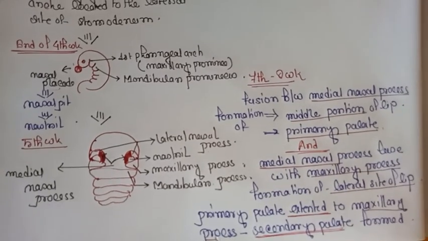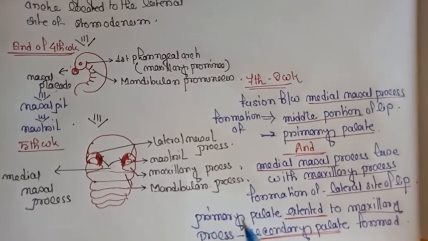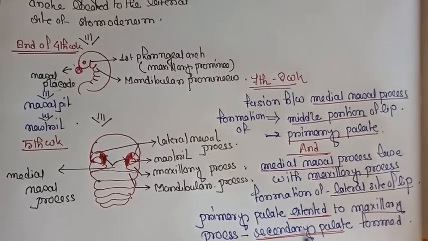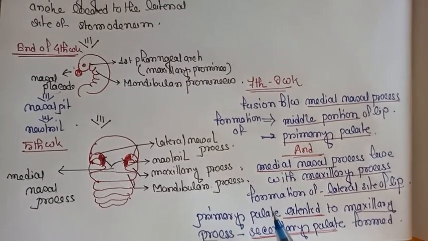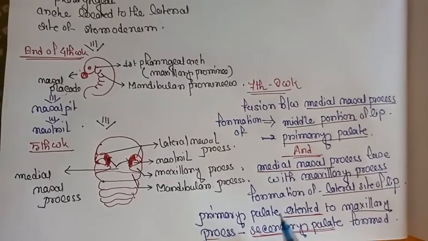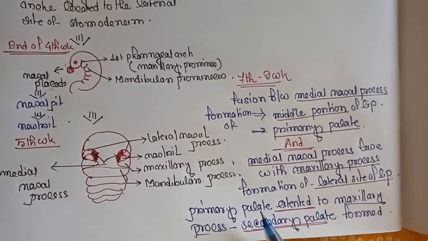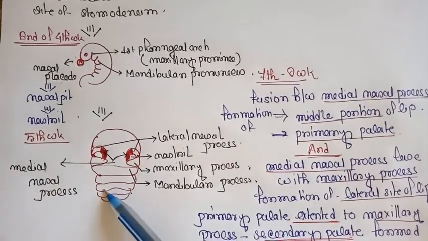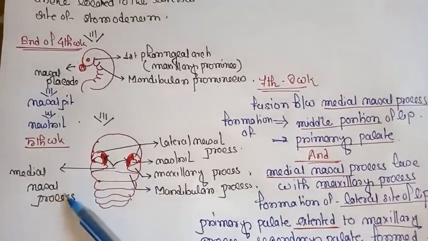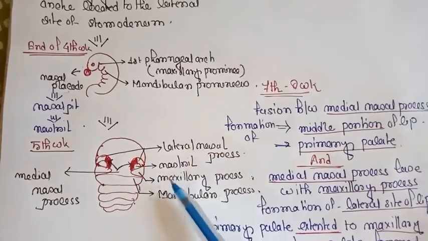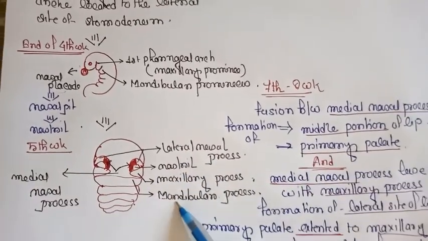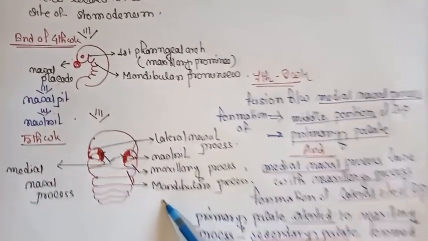All understood about the formation of the lip and palate? I am discussing this repeatedly because it is very important for understanding cleft lip and cleft palate. So, in the 5th week of gestation, the medial nasal process, lateral nasal process, nostril, maxillary process and mandibular process are formed.